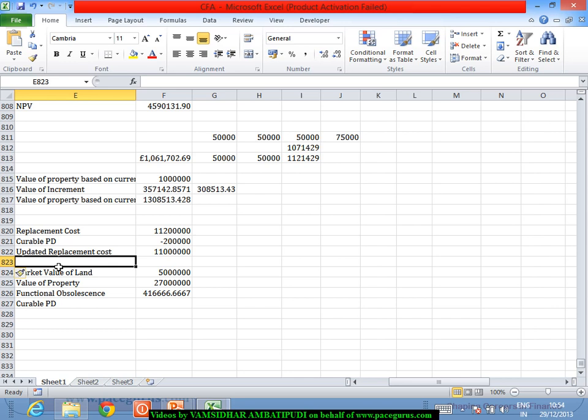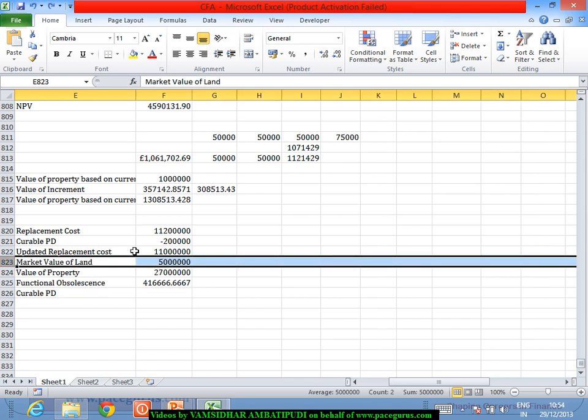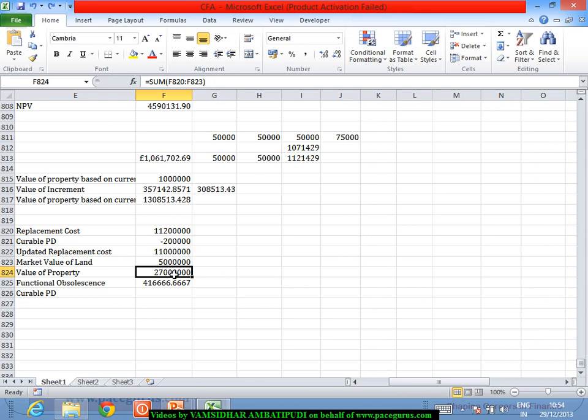Whether I do it here or there doesn't matter. The value of the property is this plus this, but whenever I am doing age depreciation, which is non-curable physical depreciation, I know the depreciation is 1/3 because the building is 10 years old whereas the total expected life is 30 years.